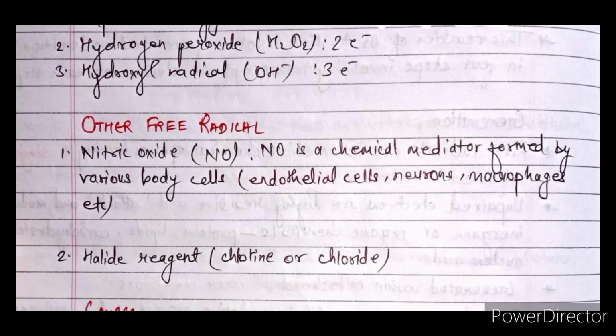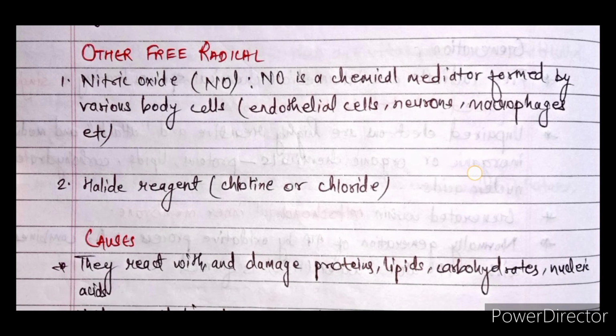And other free radicals are nitric oxide, that is NO, it is a chemical mediator formed by various body cells such as endothelial cells, neurons, and macrophages, etc. Second is halide reaction such as chlorine or chloride or bromine or bromide.